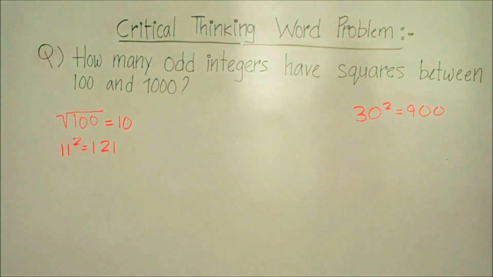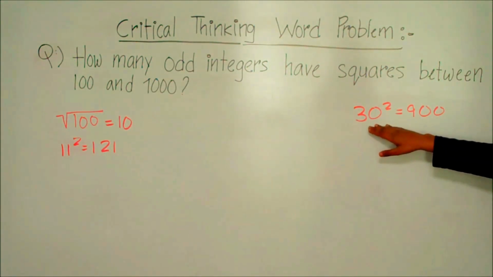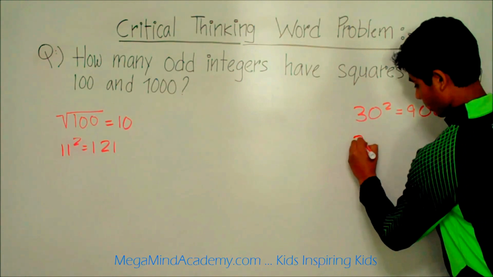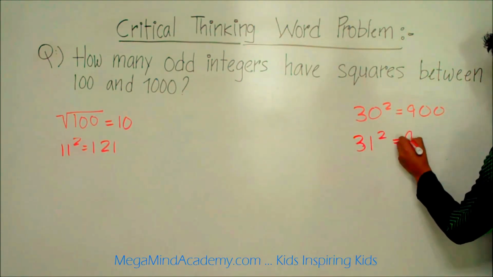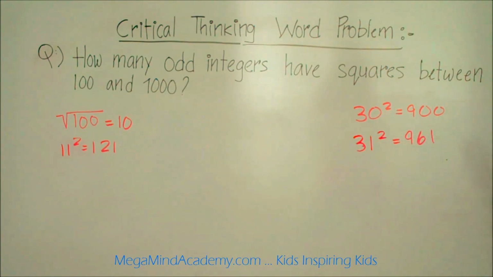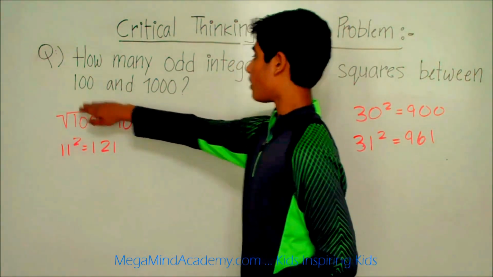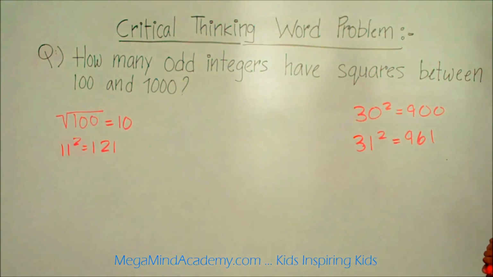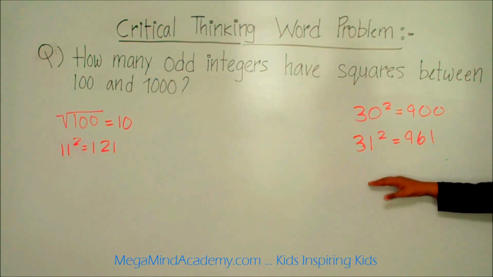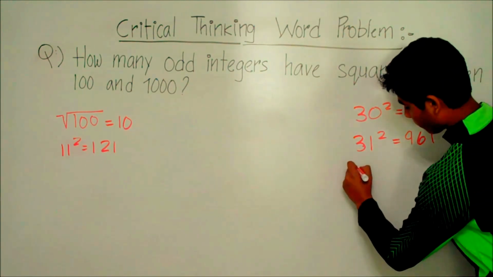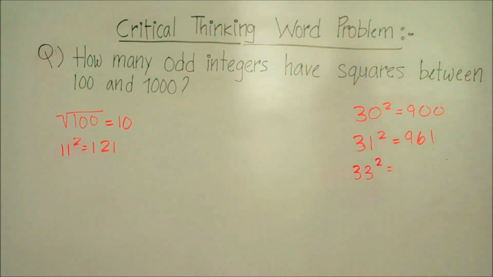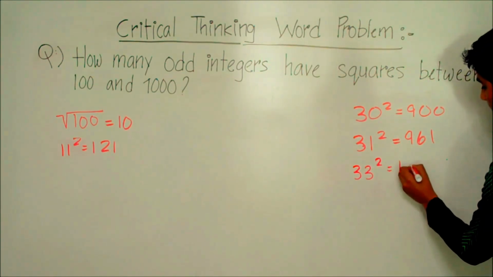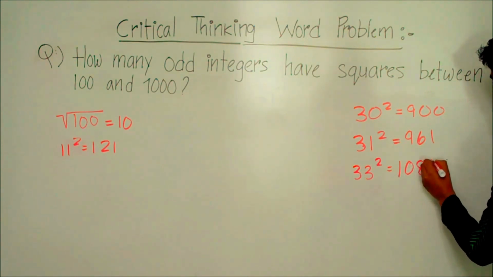Now let's go to the next odd integer after 30, which is 31. 31 squared is equal to 961. As we can see, 961 is between 100 and 1000. Now let's go to the next odd integer from 31, which is 33. 33 squared is equal to 1089.